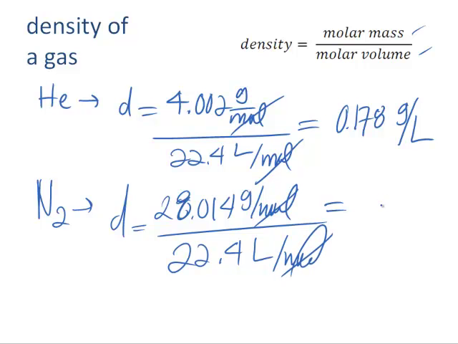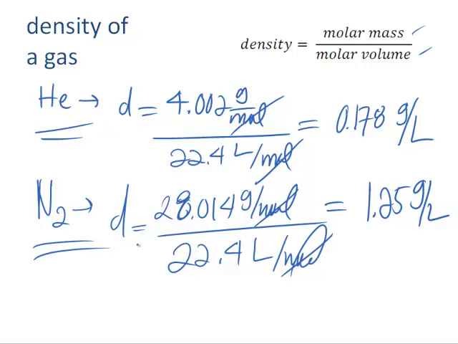And if we throw that in our calculator, that's going to give us 1.25 grams per liter. Okay, and so you can see that because of these densities, that's why, of course, our helium balloons float in air, because air is primarily nitrogen. Helium is much less dense than nitrogen, and just like solids in a liquid, the less dense substance will float.